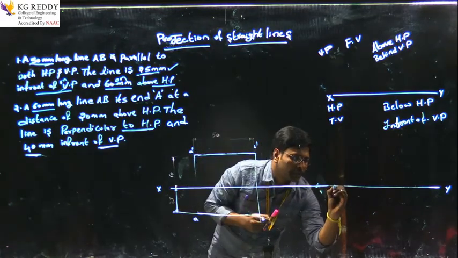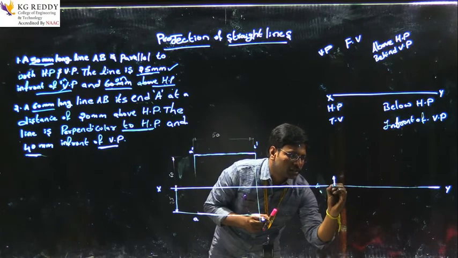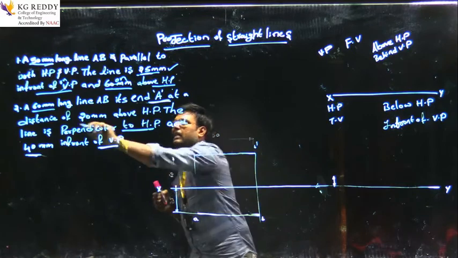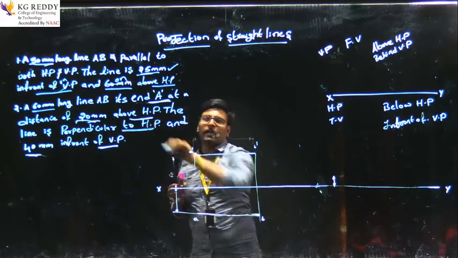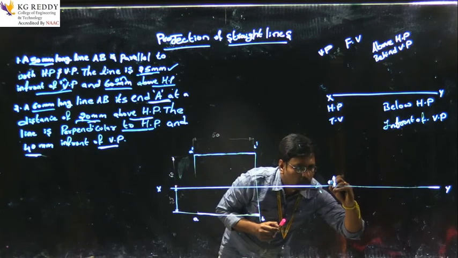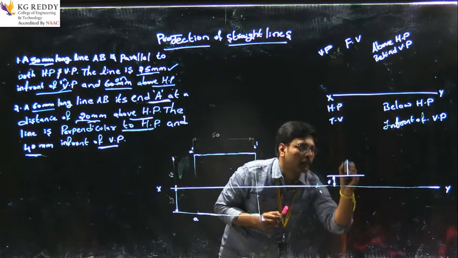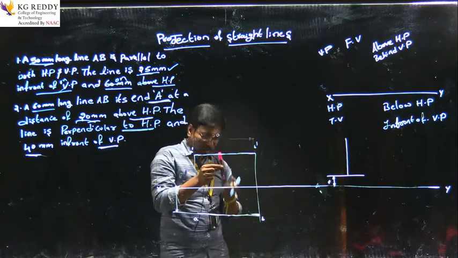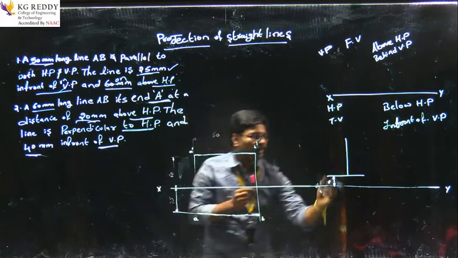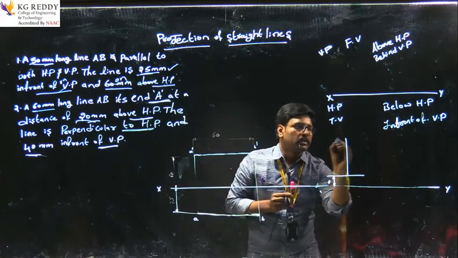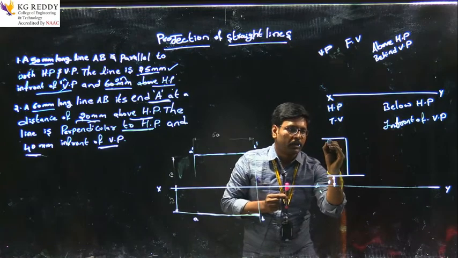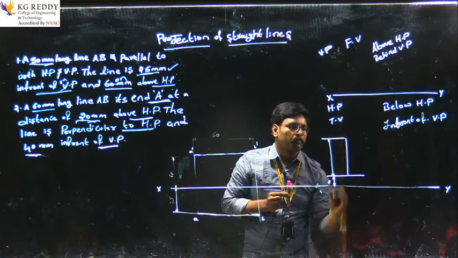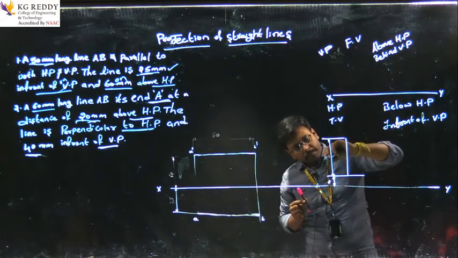That is where we have to start. End A is at a distance of 20 above the horizontal plane, so from here it will start. The line starts at a distance from the floor, and this is a dimension line, and the length is 60 mm.